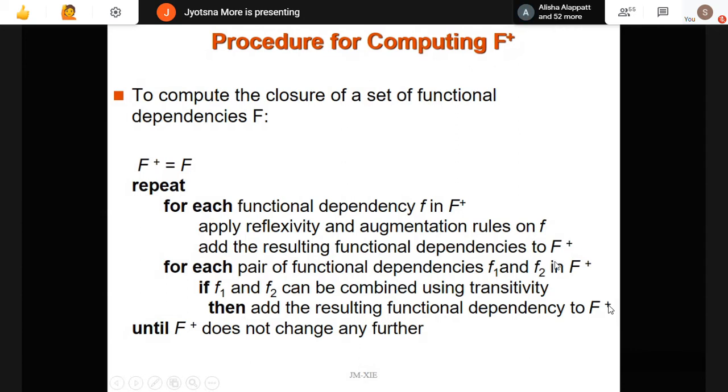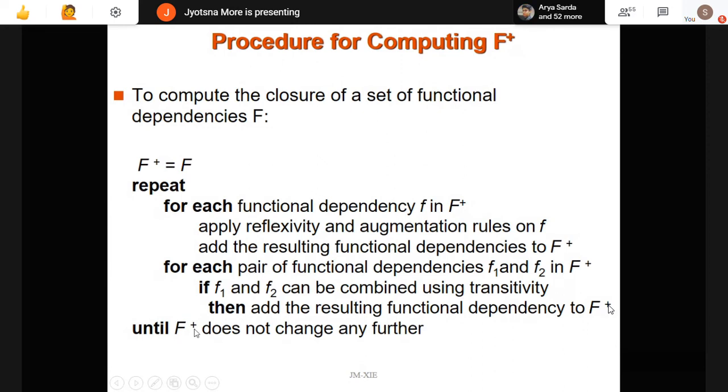And with that, if you are getting a new functional dependency, add that new functional dependency into your F plus, right?